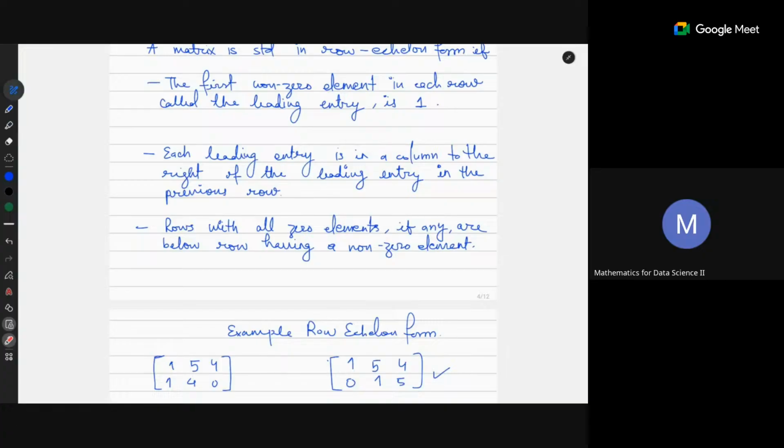Now look at the second leading entry, which is the leading entry in the second row. Look at the column which is to the right of this column. It is in the second column.